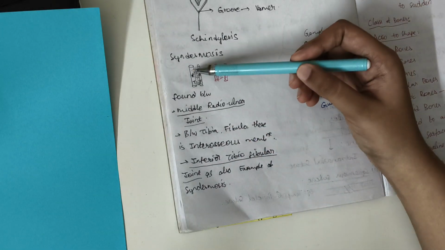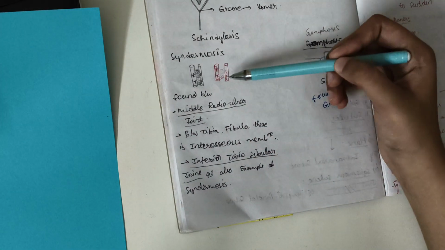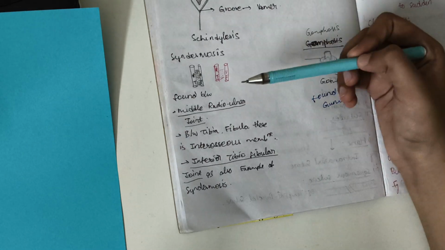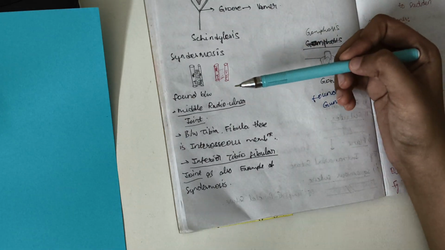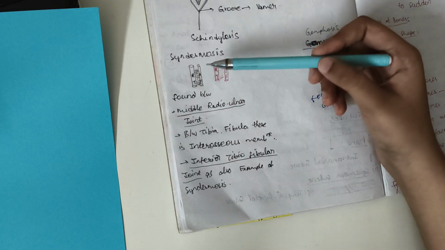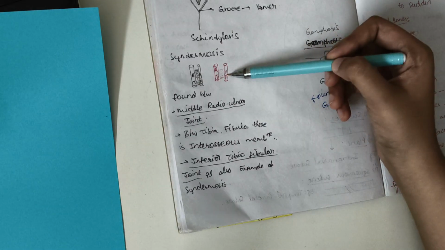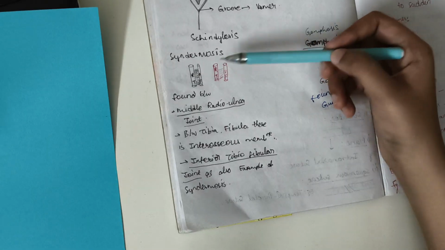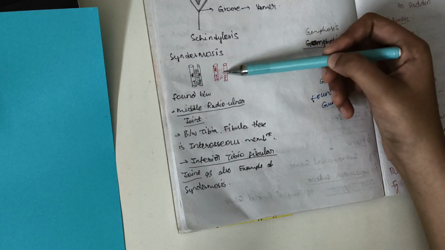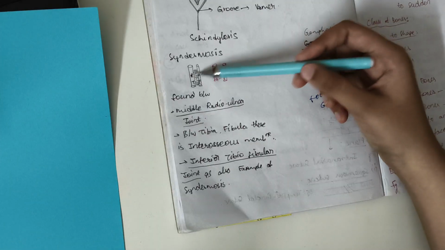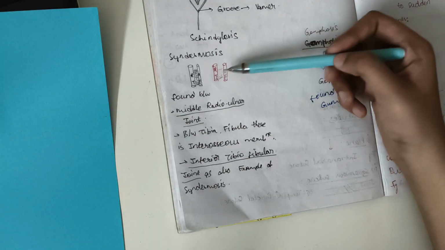This is the example of syndesmosis. This is radius, this is ulna, this is tibia, this is fibula, and there is interosseous membrane in between.